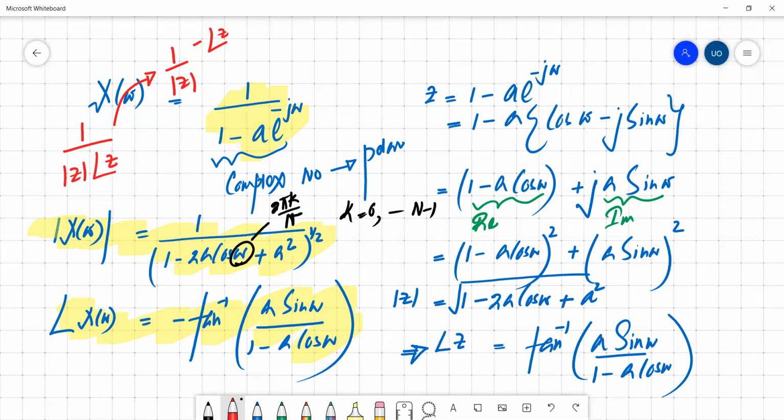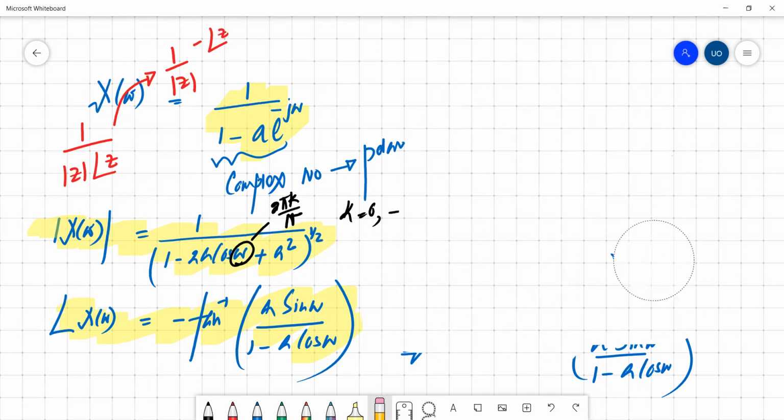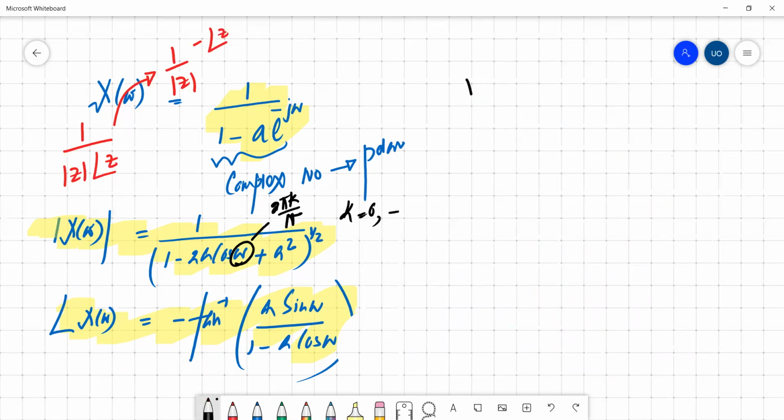Or else, if you represent this as a complex exponential function, it's something like that. So X of omega equals 1 over mod z e to the power j angle of z.